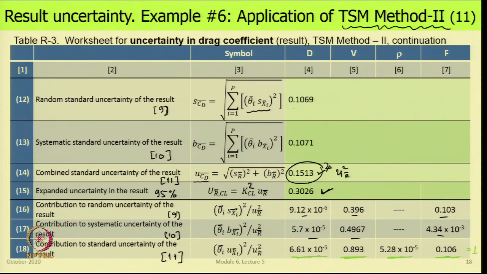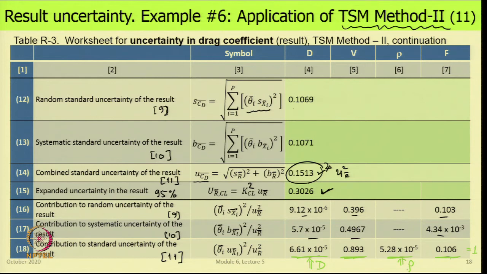But you look at their magnitudes, this is something into 10 to the power minus 5, this is 5 point something into 10 to the power minus 6, this is 0.89, 0.106. So both of these are at least 4 to 5 orders of magnitude smaller than these two terms. And this means that this is for the diameter, and this is density.